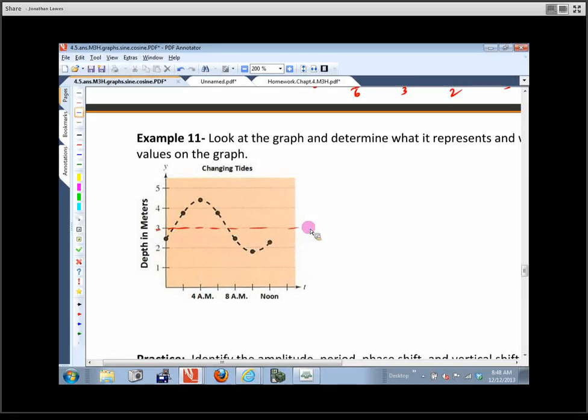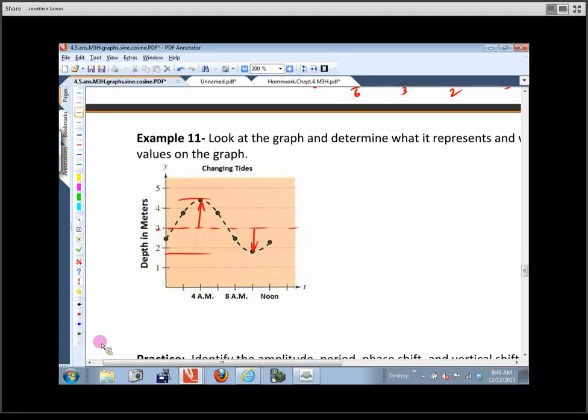What about the amplitude? How could we look at this and figure out the amplitude? Maybe around 1.5. You can think of the amplitude two different ways. It's how far the max is above the center line, or how far the min is below the center line, or the difference between the max and the min divided by 2.